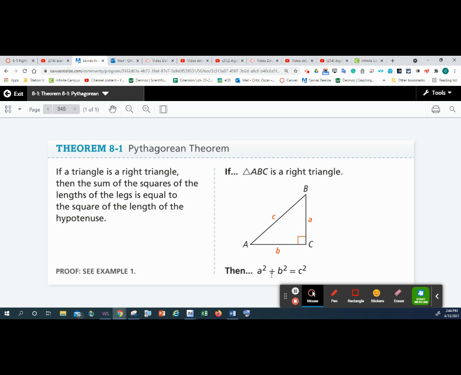So the plus goes for the squares of the two lengths forming the right angle. That's how you can remember better than remembering A, B, and C.